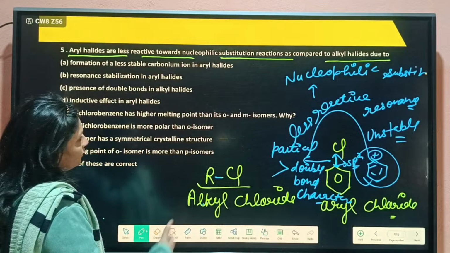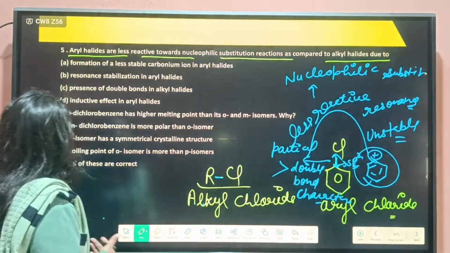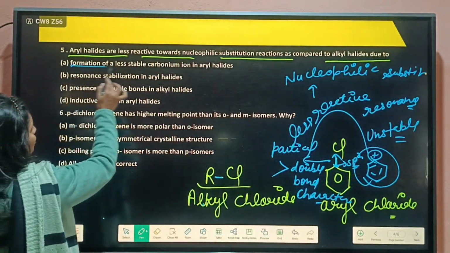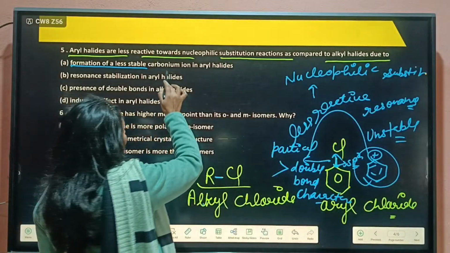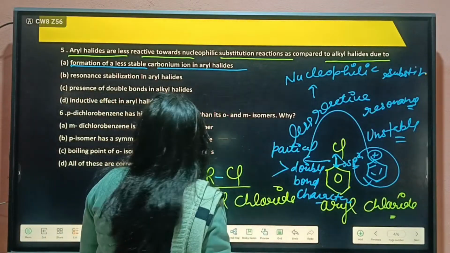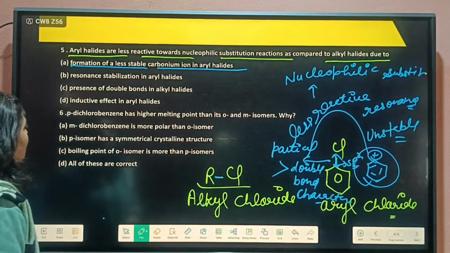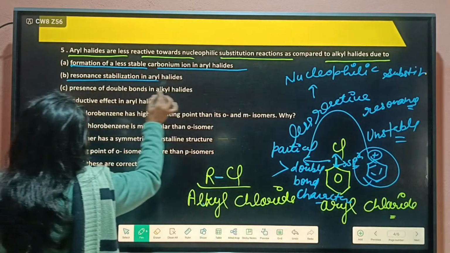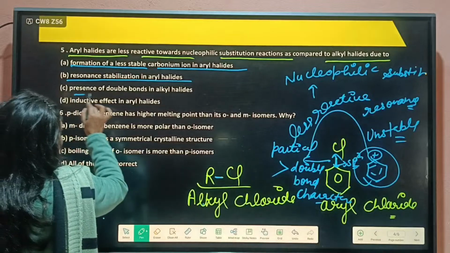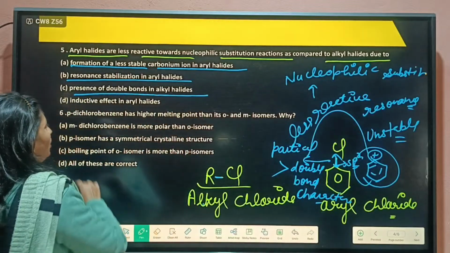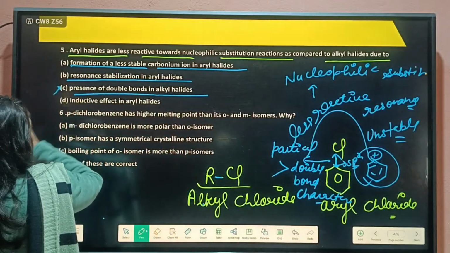Then students, we will see the options. Our first option, formation of a less stable carbonium ion in aryl halide, resonance stabilization in aryl halide, presence of double bonds in alkyl halide. No, in alkyl halides not.